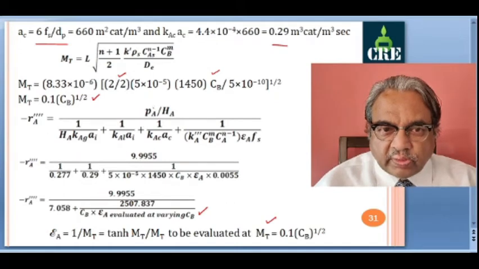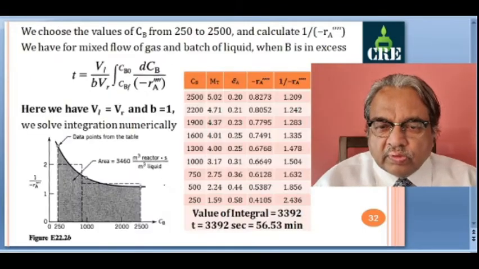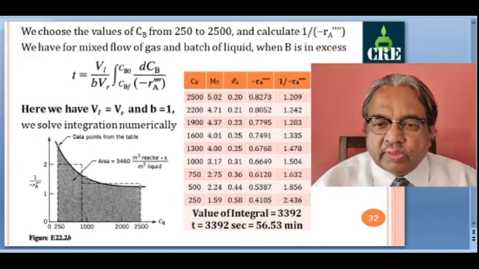CB is the corresponding tabulated value we take, and epsilon A value evaluated at that value of CB. So in the equation for rate, we'll use this CB value and this epsilon A value, and accordingly we calculate all these values.